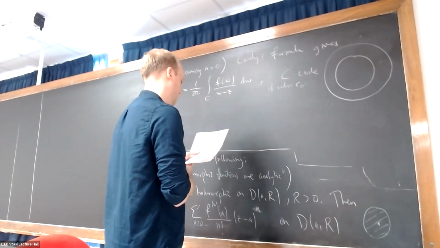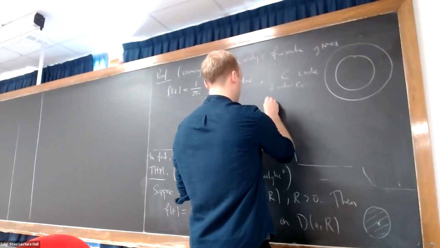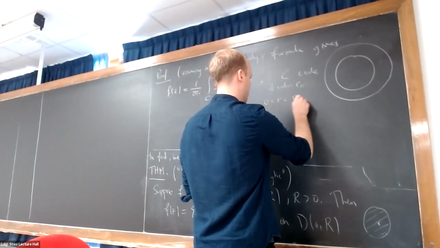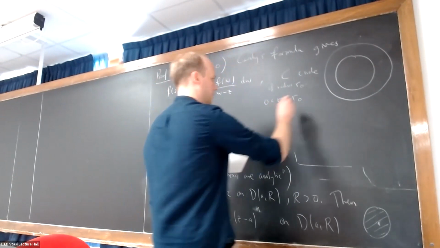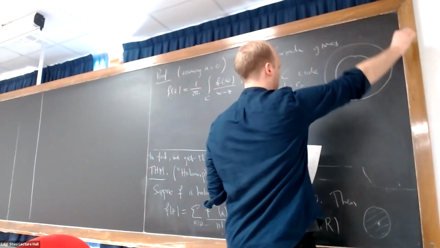Then we take some intermediate radius, and all of these are inside the even larger circle.